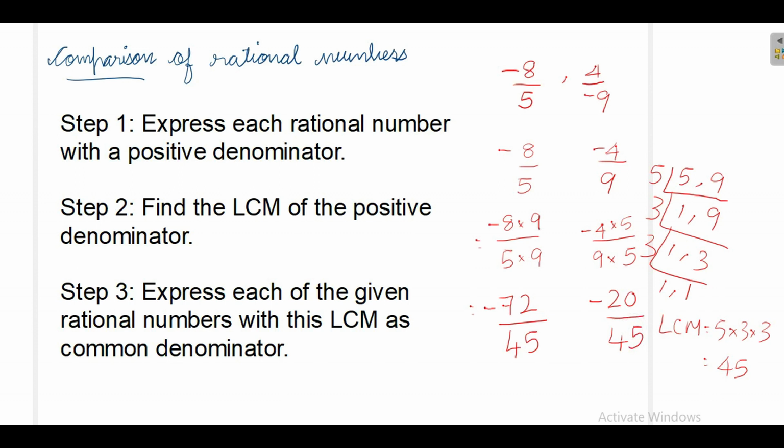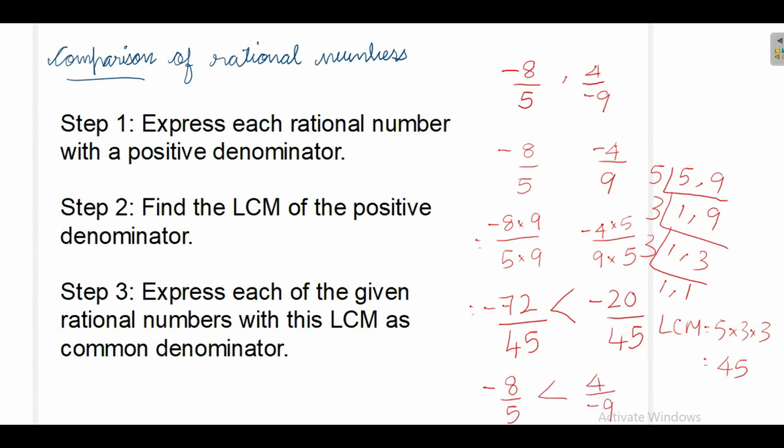So here we come to the last step. Now since both the denominators are the same, it is easy for us to compare our numerators. Minus 72 and minus 20, which is greater? Minus 20 is greater, which means minus 8 by 5 is less than 4 by minus 9.